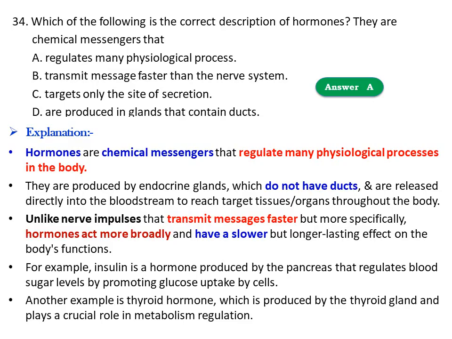They are produced by endocrine glands, which do not have ducts, and are released directly into the bloodstream to reach target tissues or organs throughout the body. Unlike nerve impulses that transmit messages fast but more specifically, hormones act more broadly and have slower but longer lasting effects on the body's functions. We can look at an example, the insulin hormone.